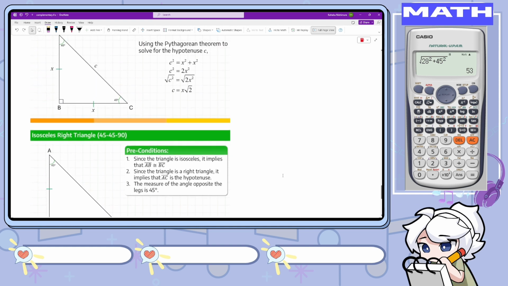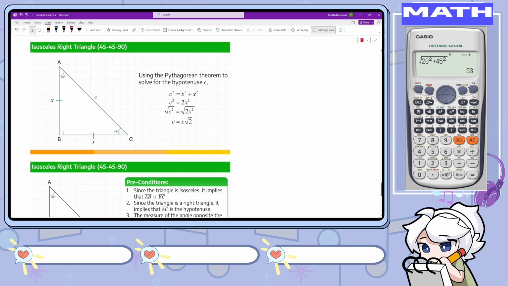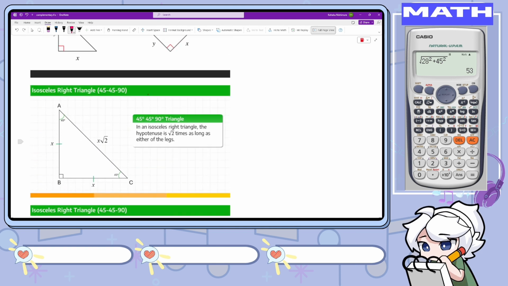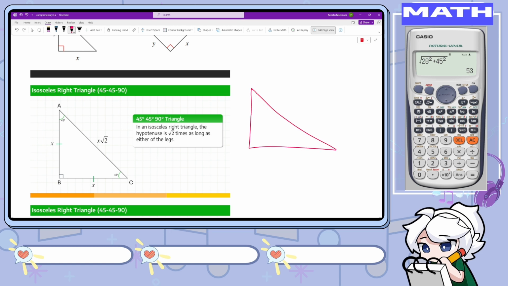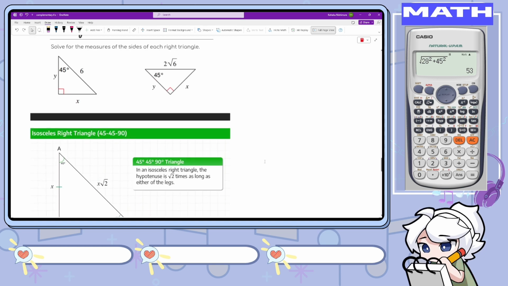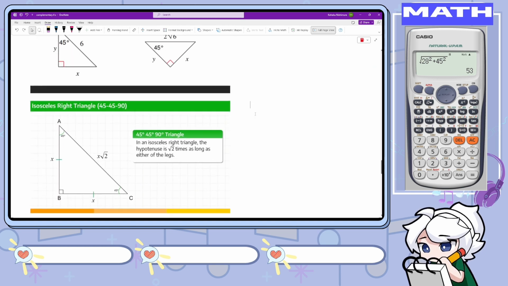Next, I don't want to explain this tedious process because I just want you to remember the mnemonics. So in an isosceles right triangle, the hypotenuse is square root of 2 times as long as either of the legs. So let's say, I'm going to give examples spontaneously so that you will be practiced by it, so that you will understand this more and more.